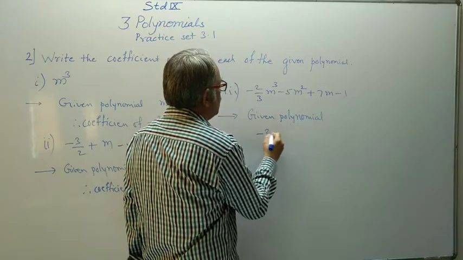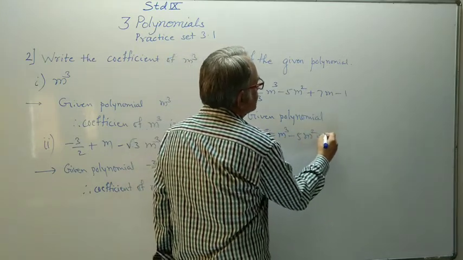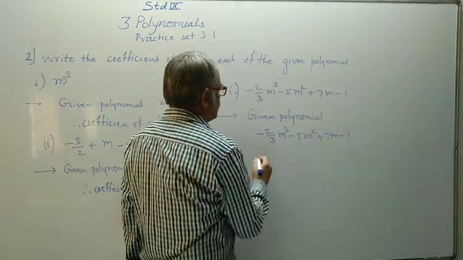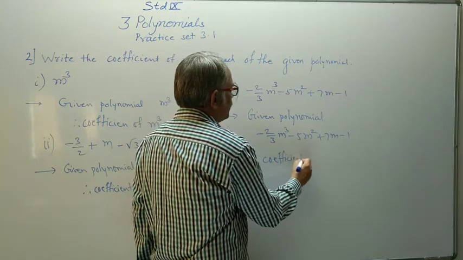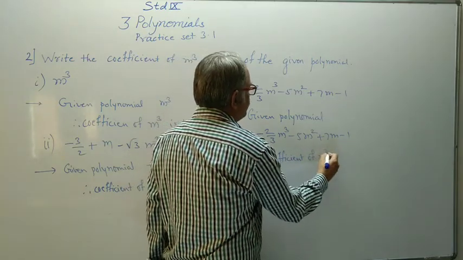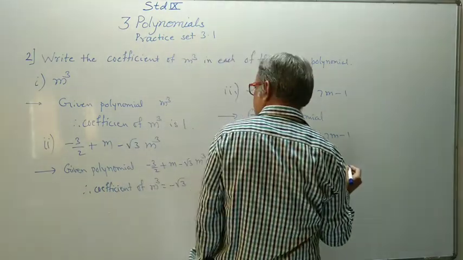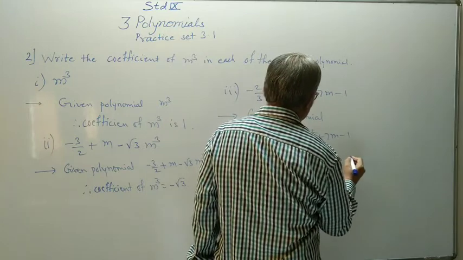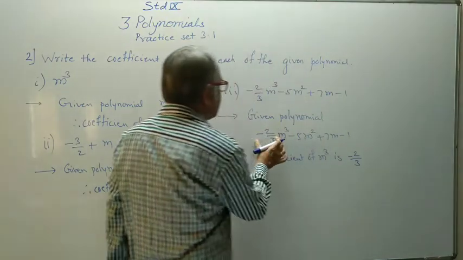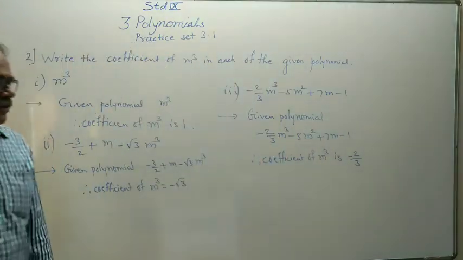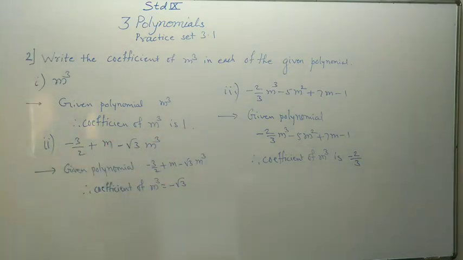Given polynomial: minus 2 by 3 m cube minus 5 m square plus 7m minus 1. Therefore the coefficient of m cube is minus 2 by 3. Minus is very important. Along with the sign we must write it. A coefficient may be positive, may be negative.